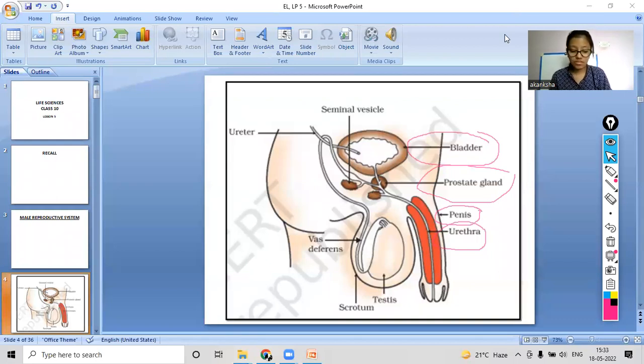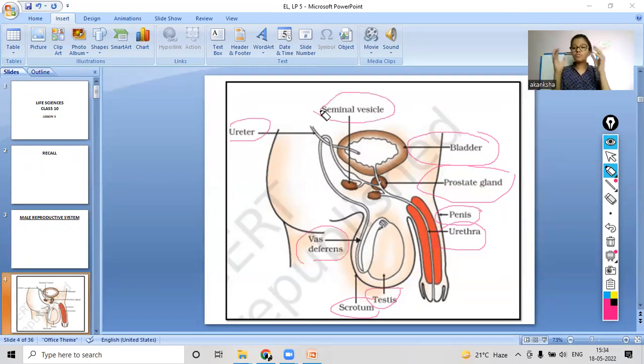So these were the different parts of the male reproductive system. First there was the bladder, prostate gland, then the penis, and the urethra. Then comes the testis, and then the scrotum, and then the vas deferens, and then the ureter, and then the seminal vesicles.